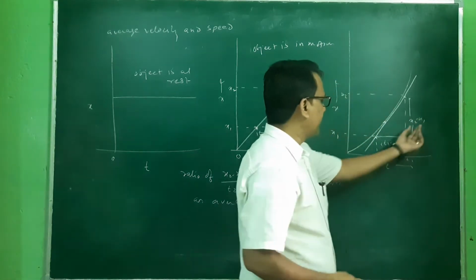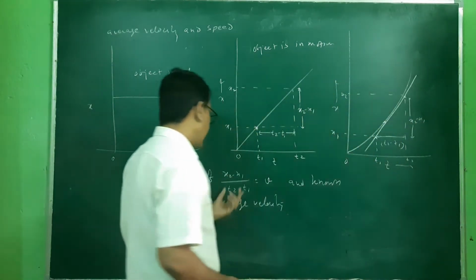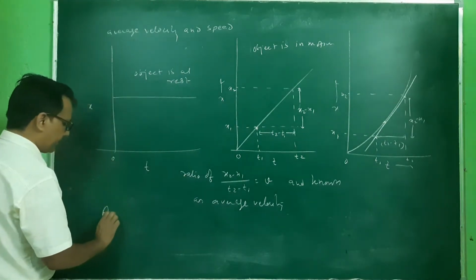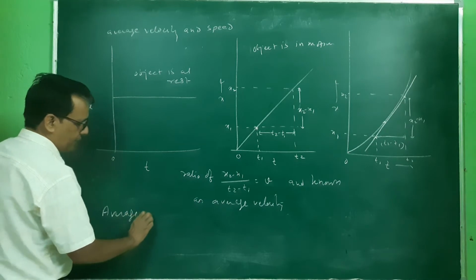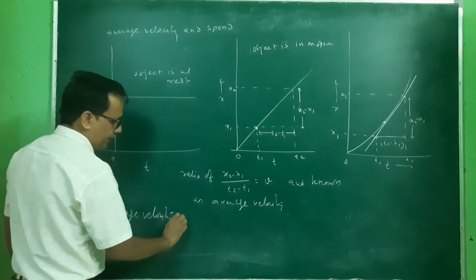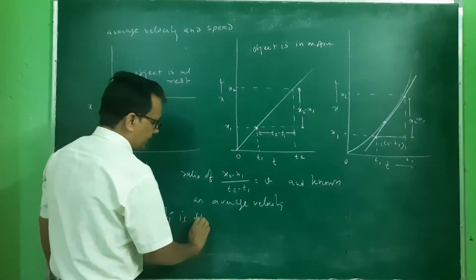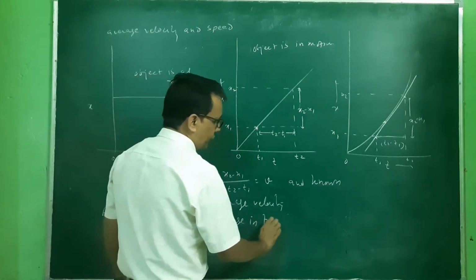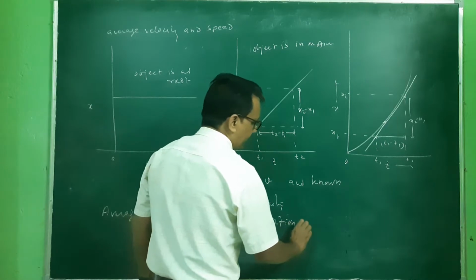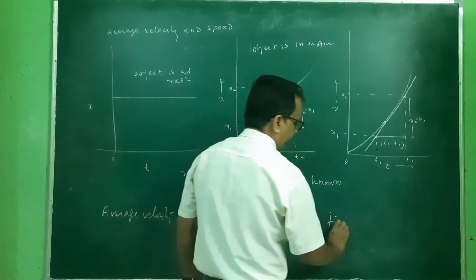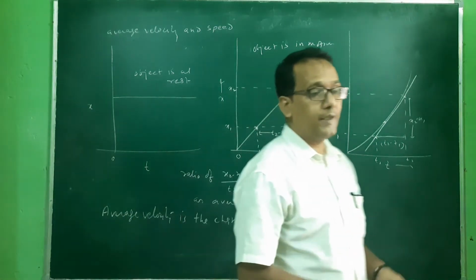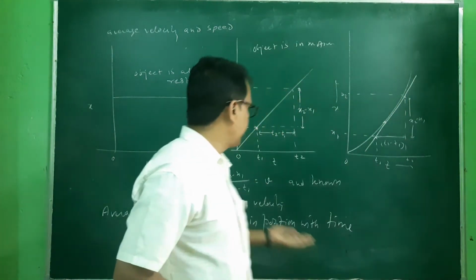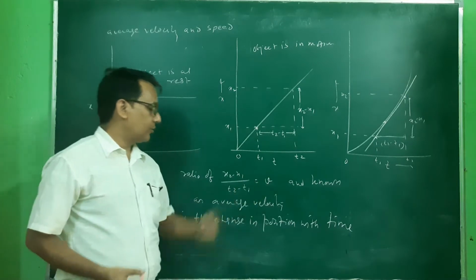So the average velocity is the change in position with time. Per unit time, the ratio of change in position to time is known as velocity.